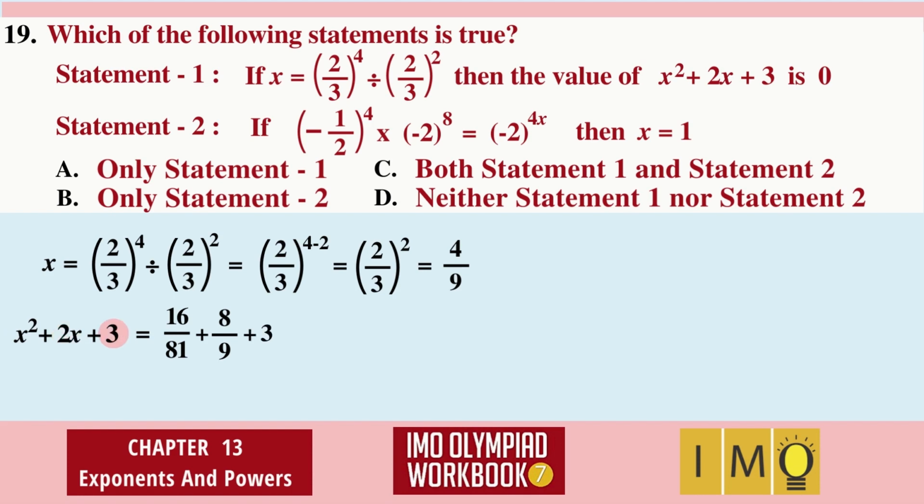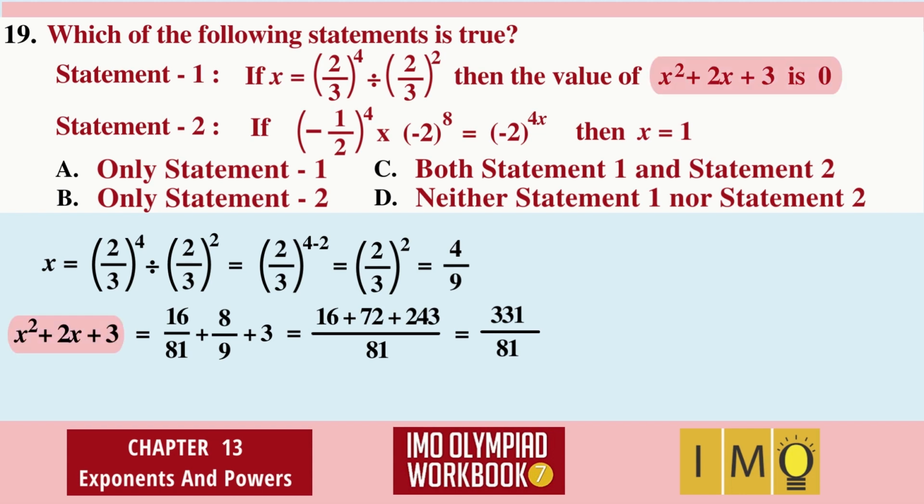The LCM of the denominators is 81, and in the numerator we get 16 + 72 + 243. That simplifies to 331/81. But statement 1 says that the value of this expression should be 0. So clearly statement 1 is false.